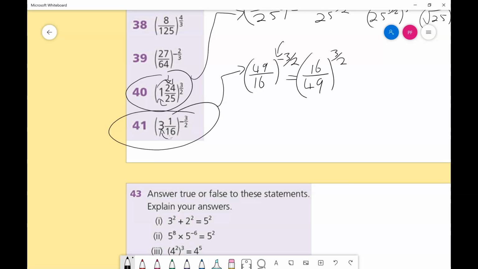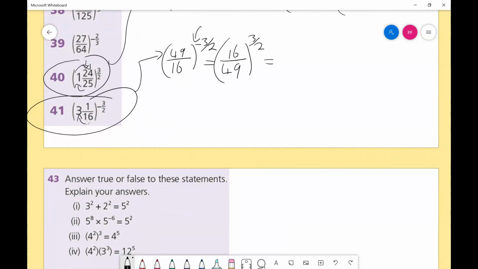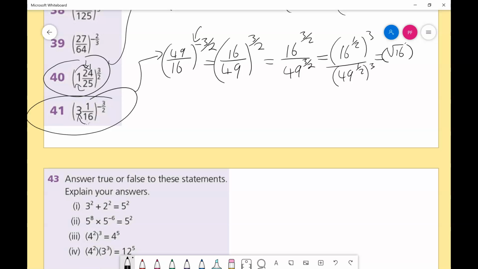I've got brackets, so the 3 over 2 applies to both the numerator and the denominator. 16 to the power of 3 over 2 over 49 to the power of 3 over 2. I like to do my fraction first. 16 to the power of a half, all to the power of 3, over 49 to the power of a half, all to the power of 3. 16 to the power of a half is the square root of 16, all to be cubed, and the square root of 49, all to be cubed.